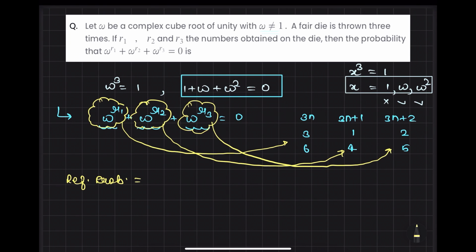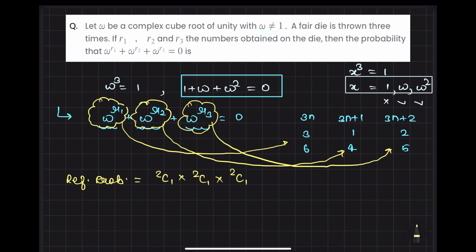So I will select one of the two numbers, 3 and 6. So it is 2C1. Now our task is not completed. For the second component, we again have two choices out of which we have to select one. Then for the third component, we have to select 2C1.